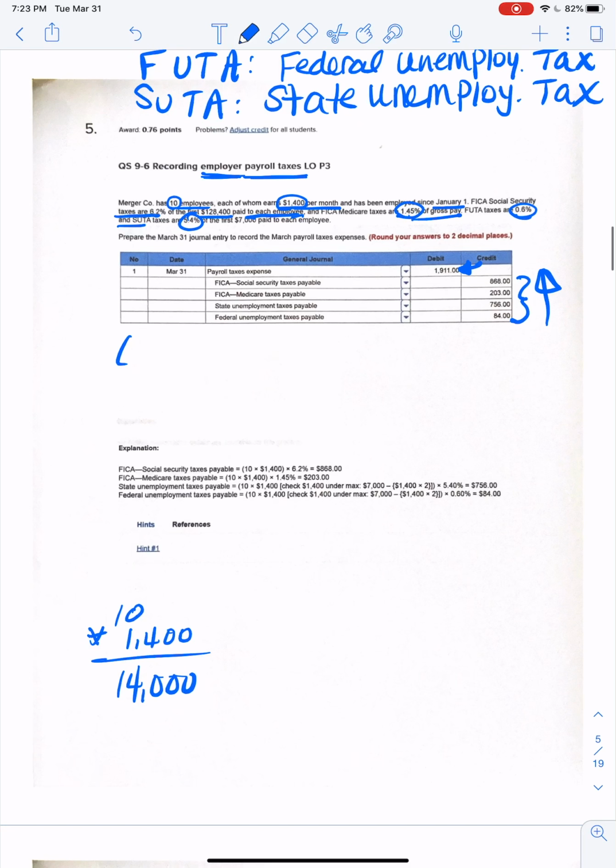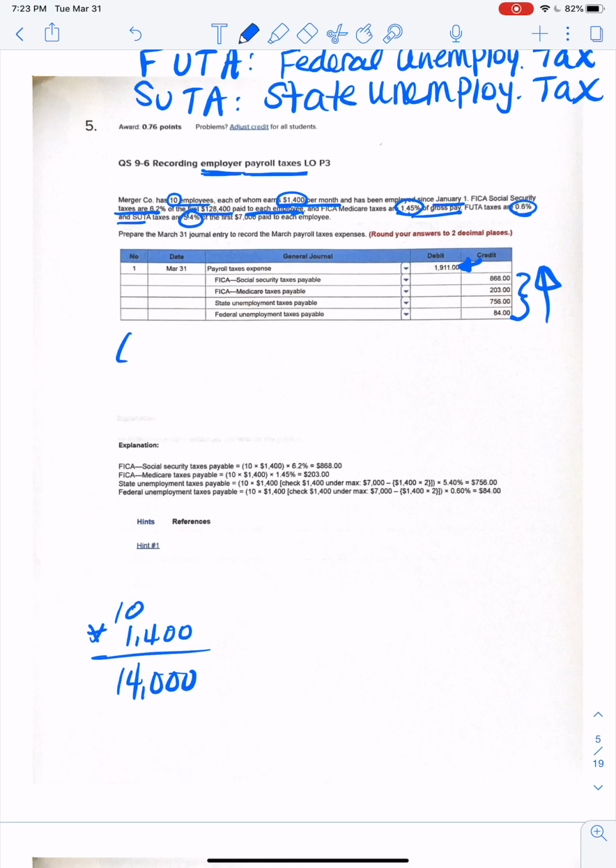So instead of breaking this out as 10 employees times 1,400 over and over and over, I'm just going to use $14,000. So I'll take $14,000 times my 6.2%, and that'll give me $868 for my Social Security taxes payable.